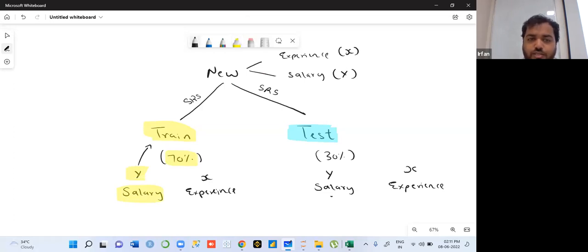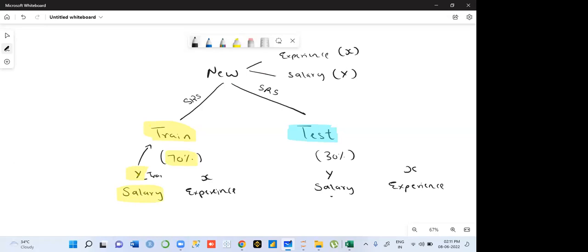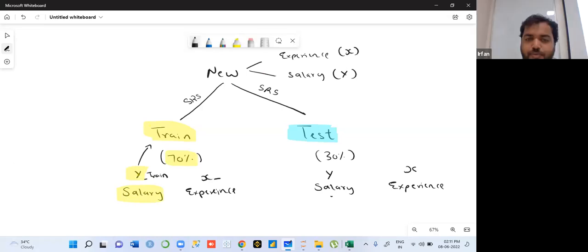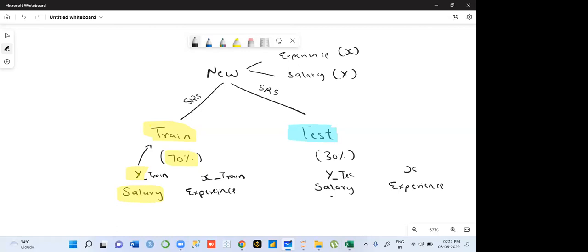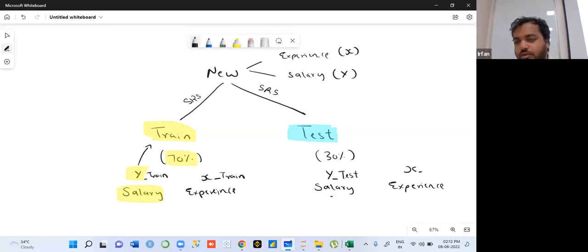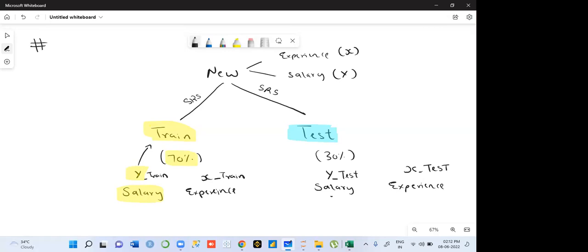So we call this Y train. Experience comes from train, so we call this X train. Now in the test, salary is Y. What should I call this? Y test. Perfect. And this one? X test. Perfect.